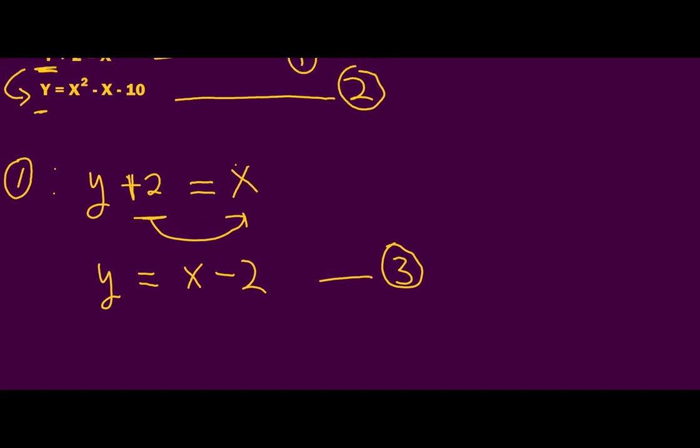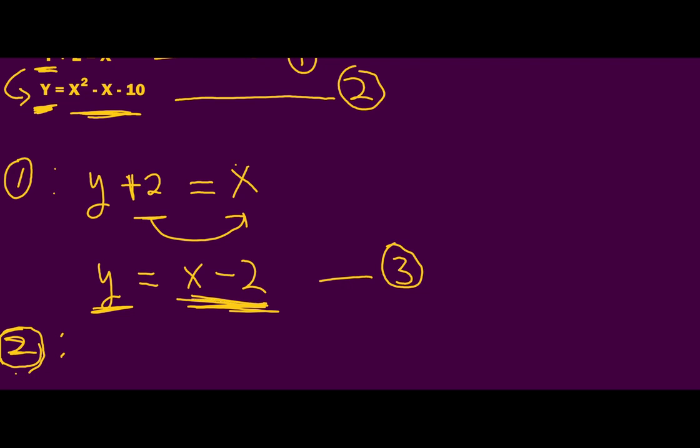So from equation 2, we have y equals certain terms. In this regard, we're going to take this y and substitute it by this term, because y equals this term, right? So instead of y, we're going to write this term.